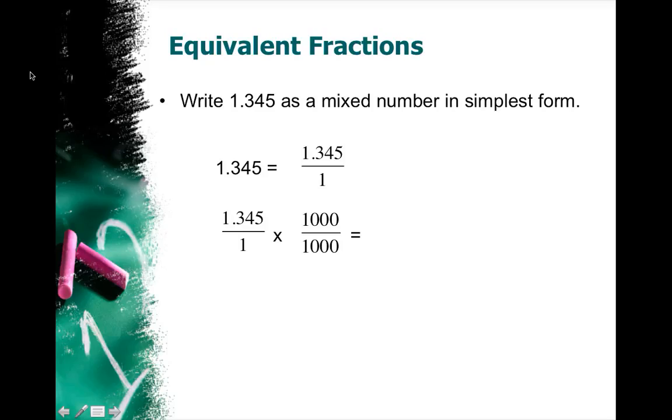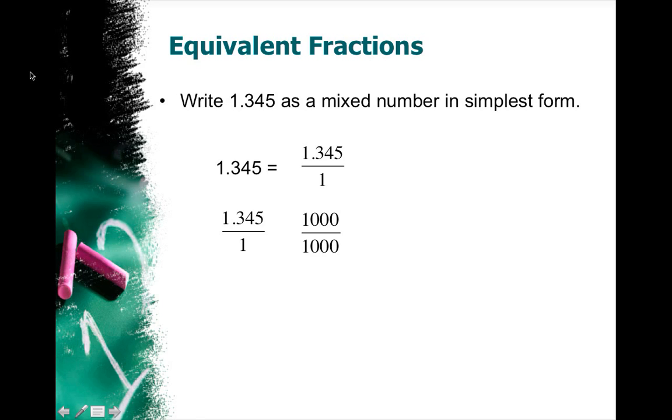So 1,000 divided by 1,000 is equal to 1. So I'm multiplying this number times 1, in essence. I'm not changing its value, I'm just changing the way it's written.